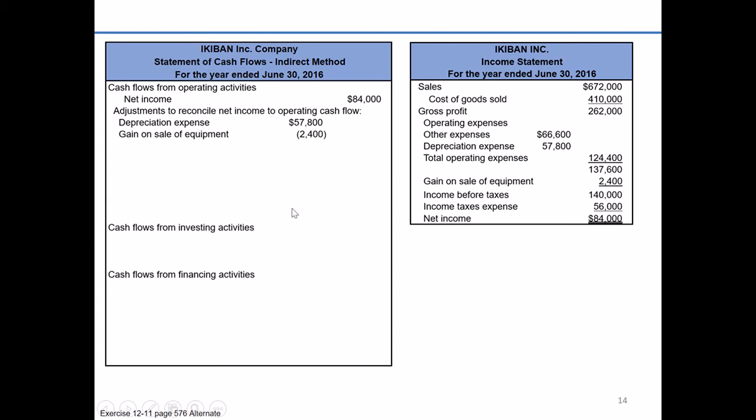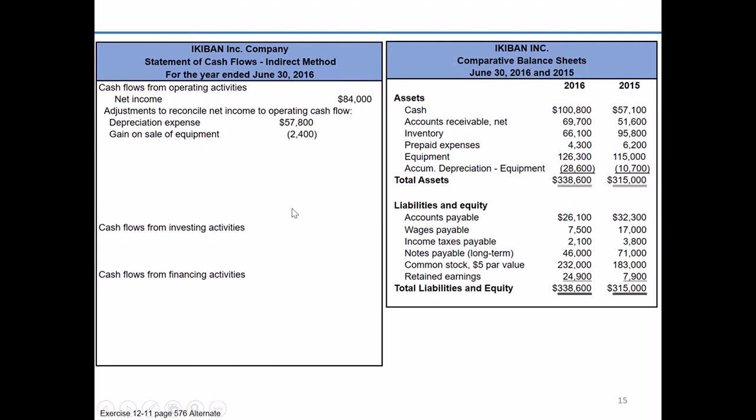Now I'm going to continue moving forward on our operating section. Our next step is to look at any non-cash current assets and current liabilities, look at the change, if any, in those accounts, and understand what cash impact we should show in our operating section. I'm going to start out with accounts receivable. That's the first non-cash current asset.